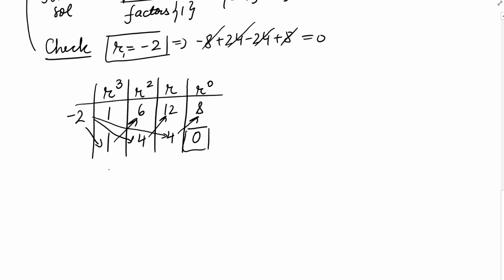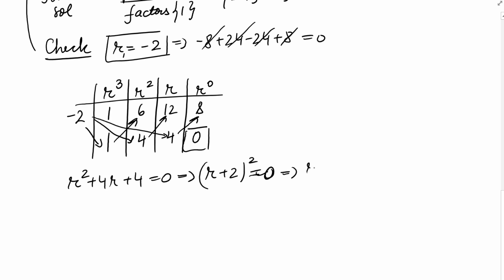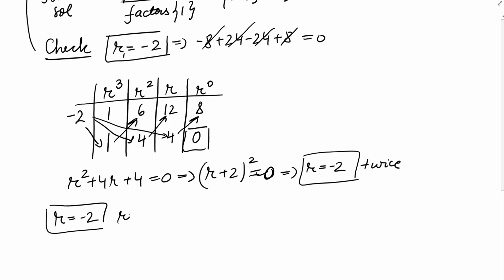So the new equation is r squared plus 4r plus 4 equals 0, which is actually r plus 2 squared equals 0, which means r equals negative 2. So in other words, we actually got r equals negative 2 repeated solutions.